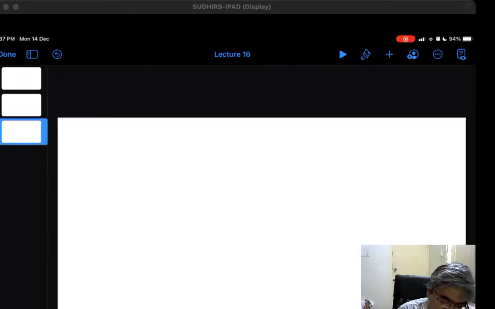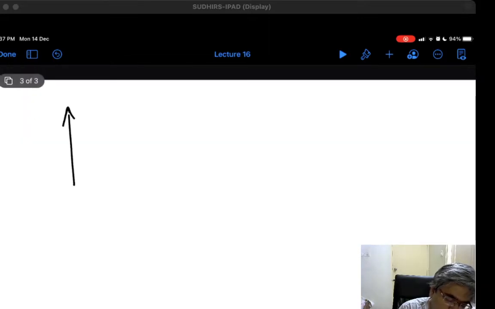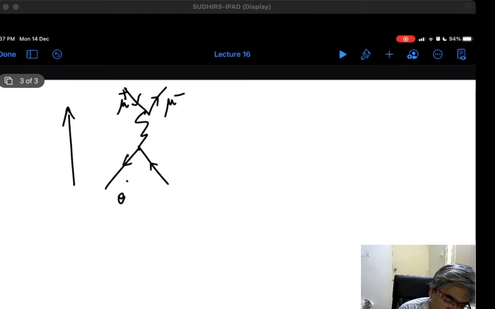If I write the time direction in this particular fashion, this will be just e+ e- going into μ+ μ-. If time is in this direction, there is only one diagram. This is the s-channel diagram.